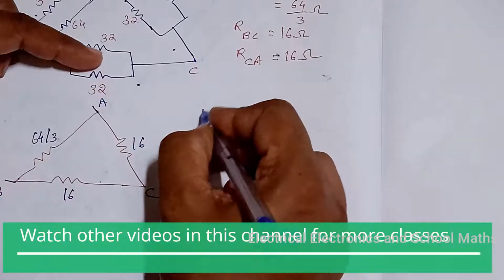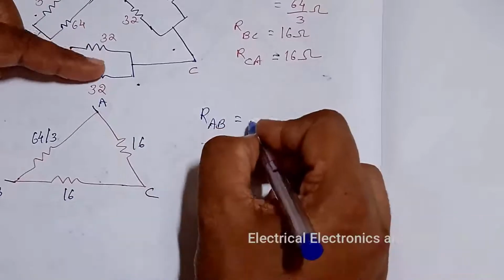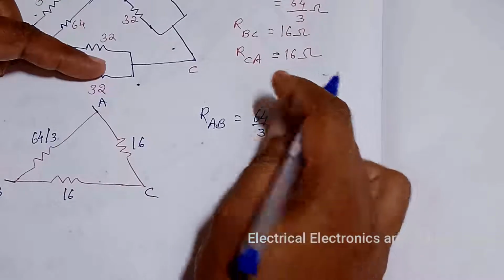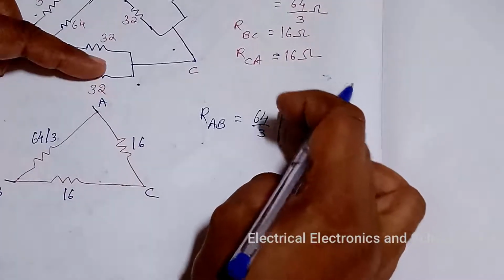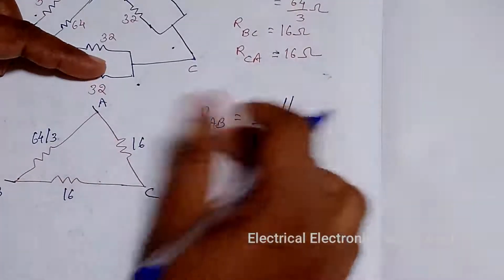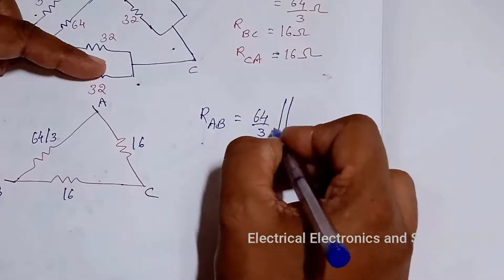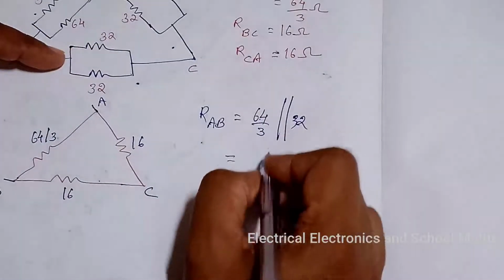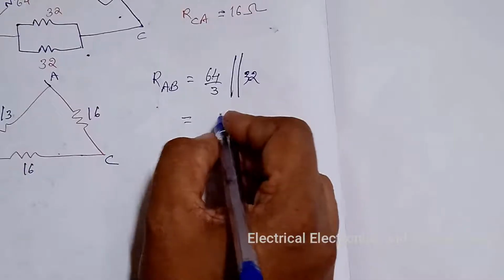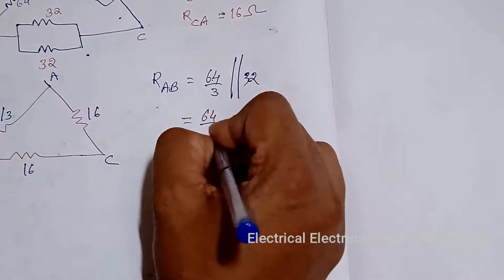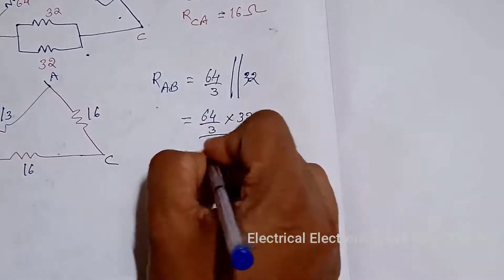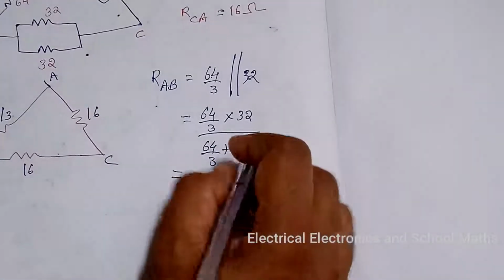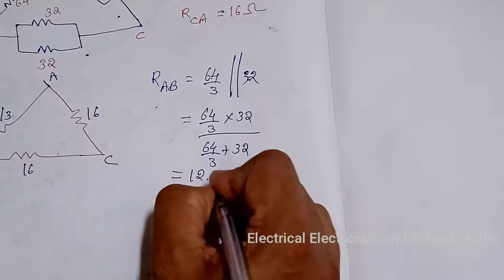So resistance between A and B is 64 by 3 ohm in parallel, we denote like these two parallel lines to denote parallel, 64 by 3 ohm in parallel with 32 ohm, and we get 64 by 3 into 32 divided by 64 by 3 plus 32. After solving, we get 12.8 ohm.